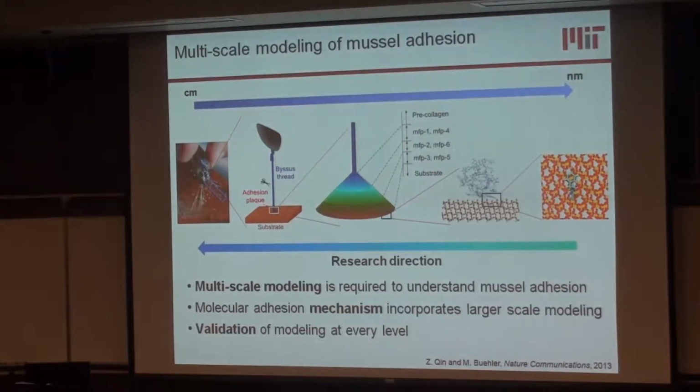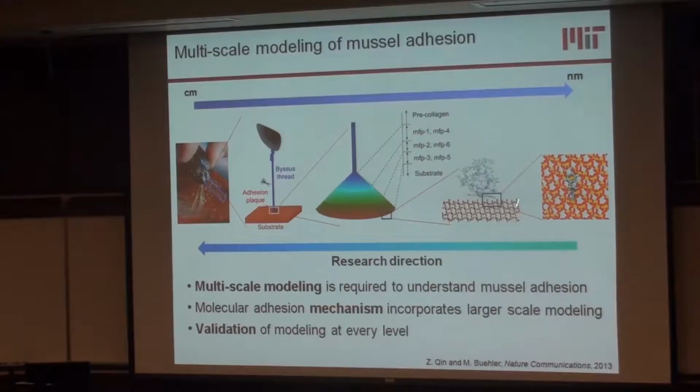And this attachment is actually a multi-scale problem. At large scale you can see this, and at the microscopic scale each of those filaments has gradients inside for their material composition. And at the very interface, the attachment is exerted by those mussel foot proteins, and each mussel foot protein is rich in DOPA structure.